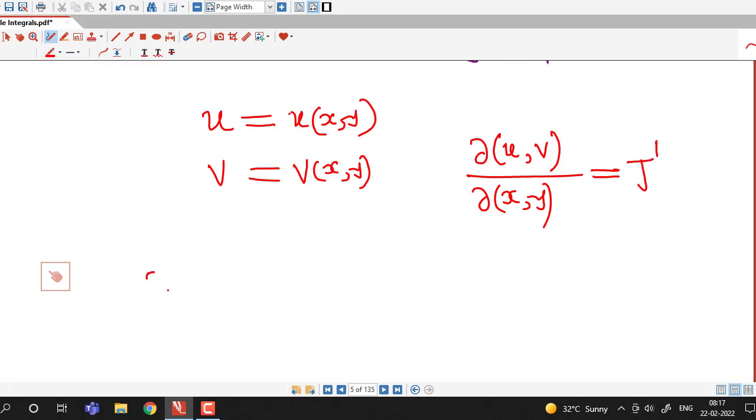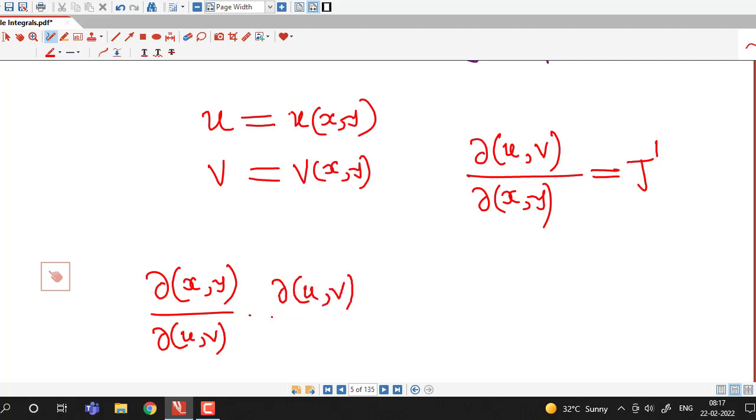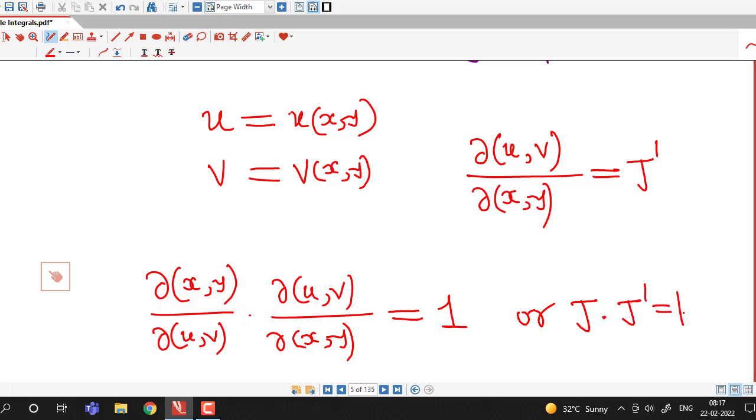So if we multiply these two Jacobians, the Jacobian of x, y with respect to u, v and the Jacobian of u, v with respect to x, y, then their product is always 1, or we can say that J times J dash is always 1.